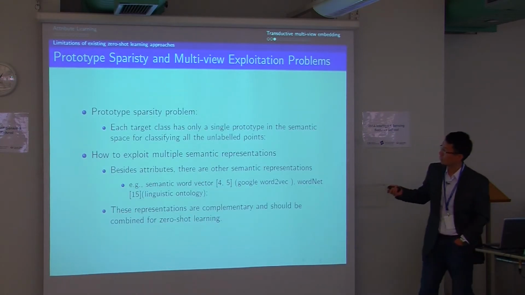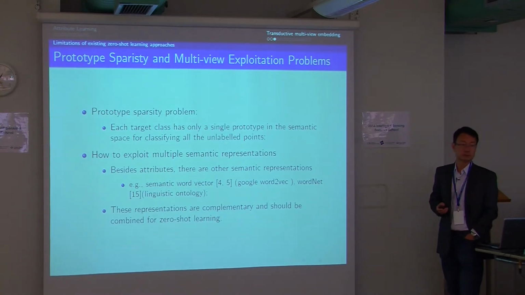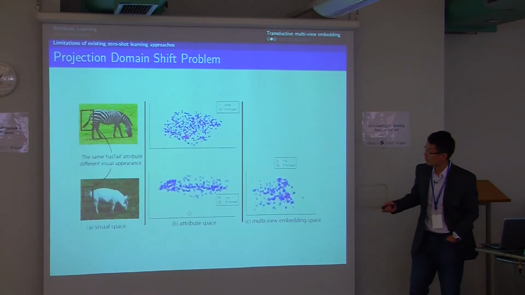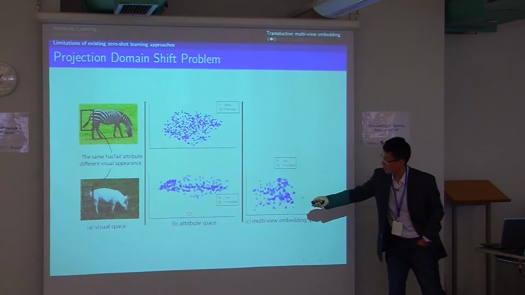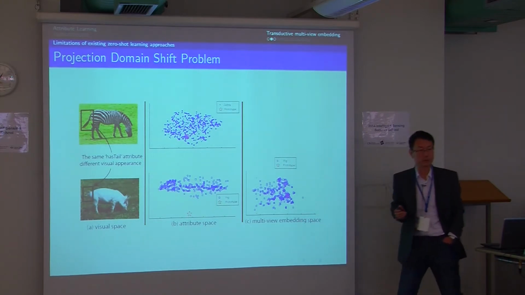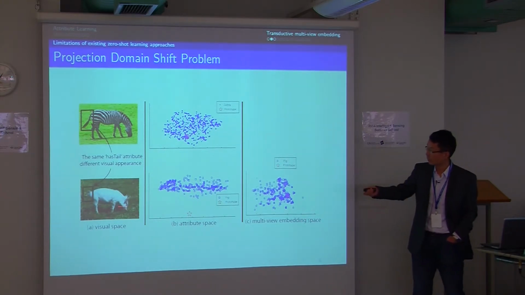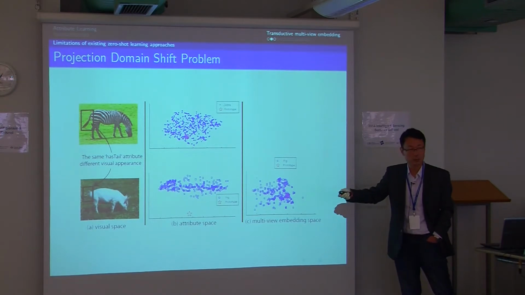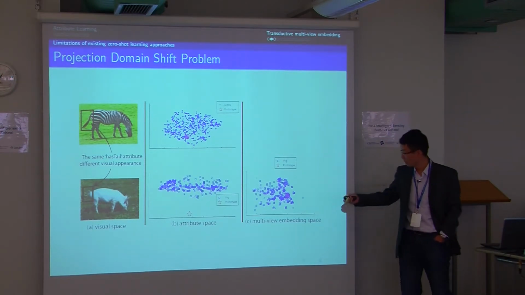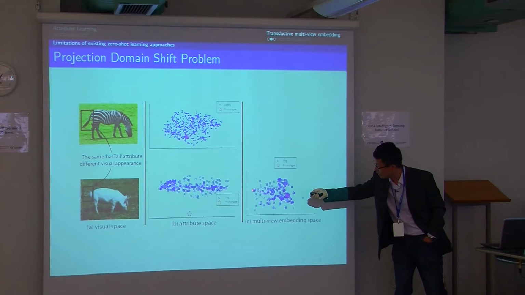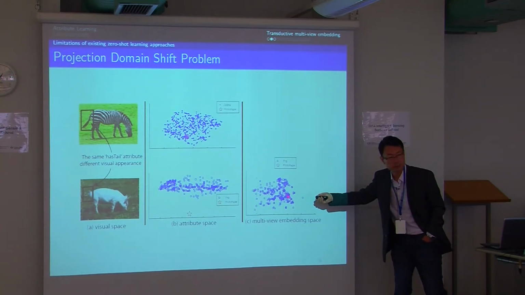The second problem is called the prototype sparsity problem. As we said before, for each class, we have a single prototype point. And we have loads of data belonging to that class we want to recognize. So how can you recognize this point using this prototype?